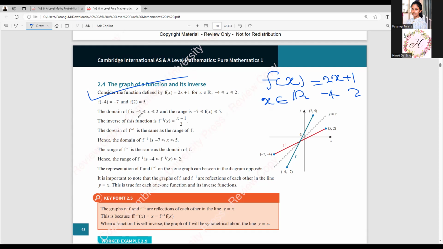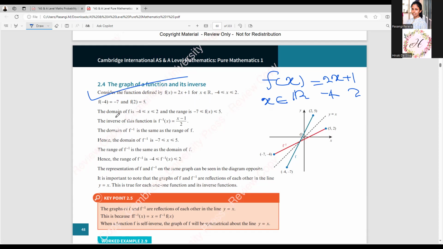Now, if we consider the inverse, we can calculate it and we will get the inverse function as (x minus 1) over 2. The domain of the original function will be the range of the inverse, and the range of the original will be the domain of the inverse, vice versa.